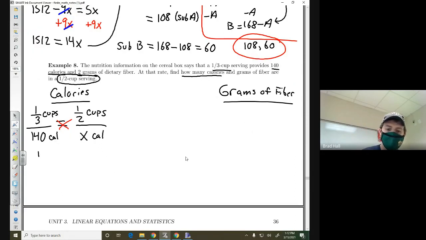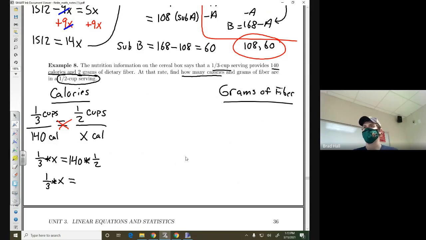So that's 1/3 times x is equal to 140 times 1/2. Well, the good news is we can take care of one of these fractions. So x is equal to, well, 140. What's 1/2 of 140? It's 70. And then x is really close to being dealt with.